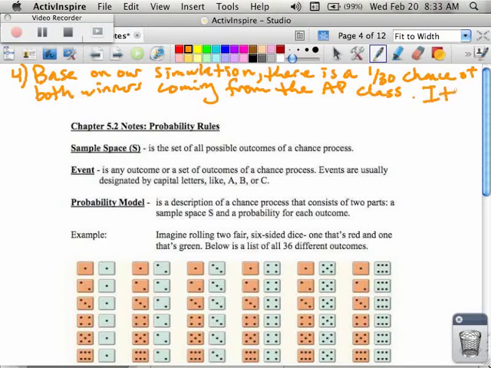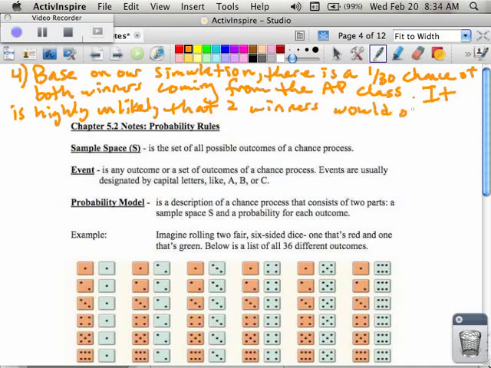It is highly unlikely that 2 winners would occur, but the lottery may be fair.